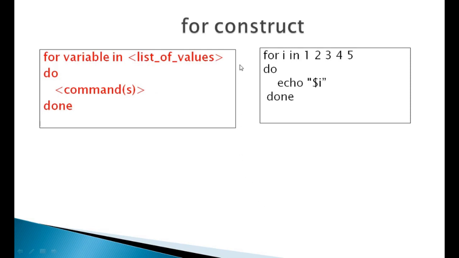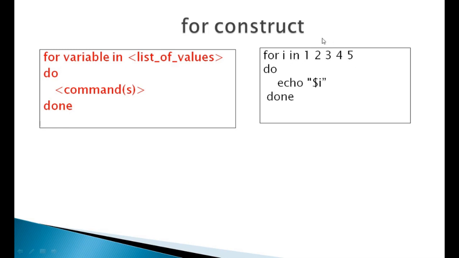Now we'll see the for construct. For variable in list of values, do commands done. So the commands will be repeatedly executed for all the values given here. For example, you have for i in 1, 2, 3, 4, 5, do echo, done. So i will take a value 1, it will be printed. i will take a value 2, it will be printed.